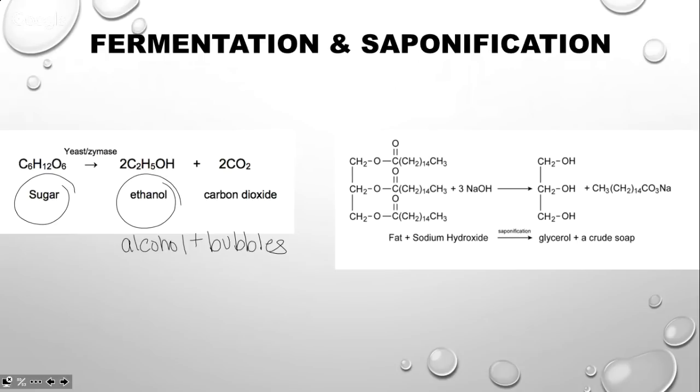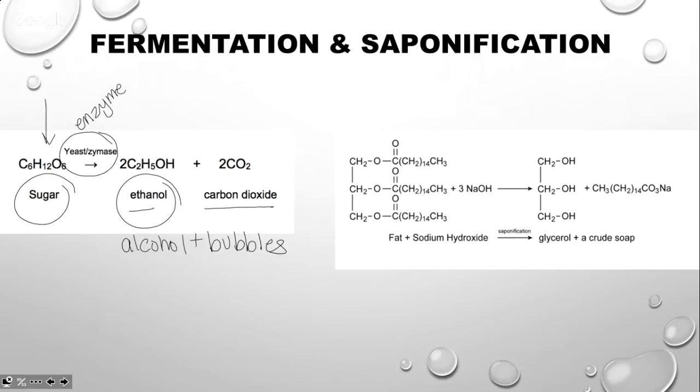In order to make the energy into a more usable form, to produce its ATP, its byproducts or waste products are alcohol and carbon dioxide. So you're going to see sugar, you might see yeast, zymase or the word enzyme, and we're making alcohol and carbon dioxide.